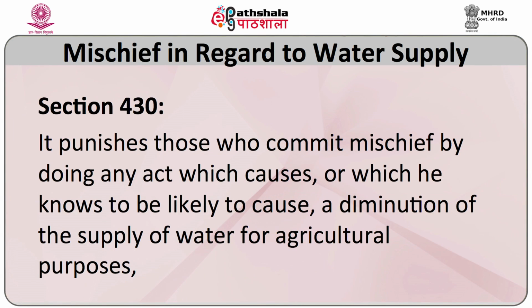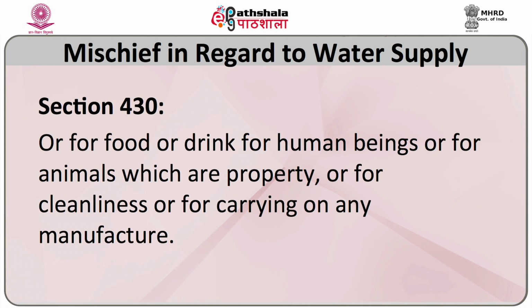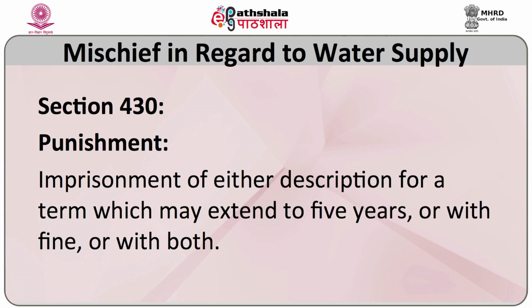It punishes those who commit mischief by doing any act which causes, or which he knows to be likely to cause, a diminution of the supply of water for agricultural purposes, or for food or drink for human beings, or for animals which are property, or for cleanliness, or for carrying on any manufacture.